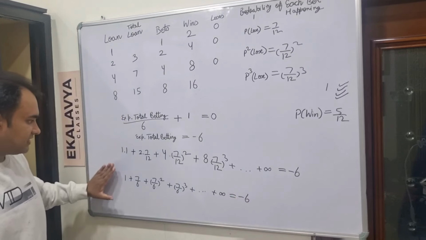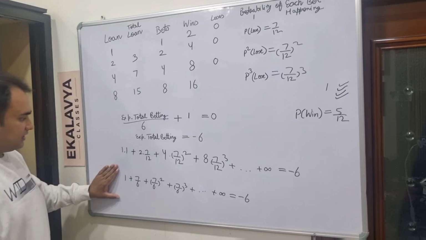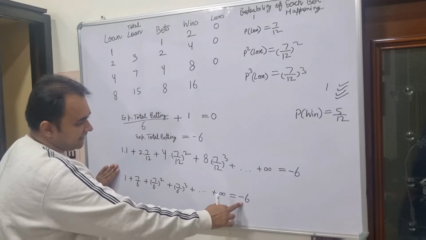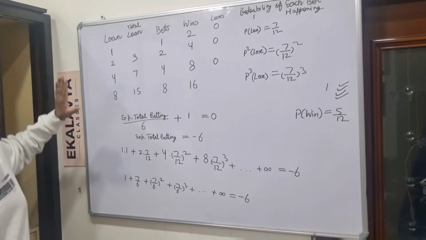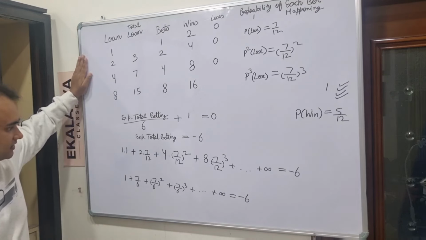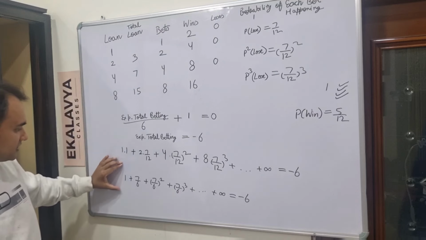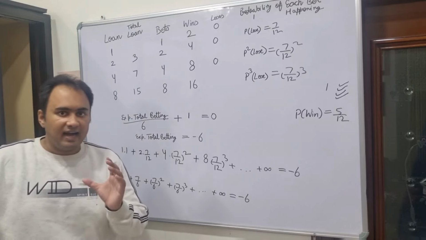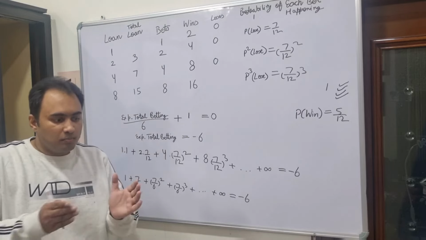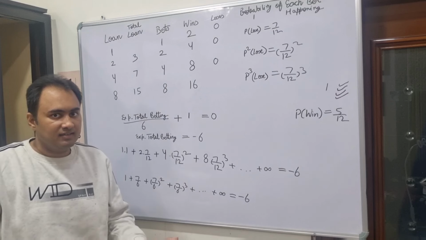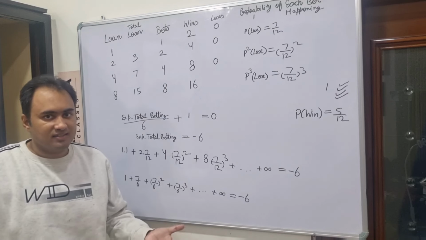So I have justified this equation, the divergent series summing to a finite number, using Shiva's Casino approach. This odd equation arises because of the fact that at Shiva's Casino, both the host and the player are making money, which is a paradox.